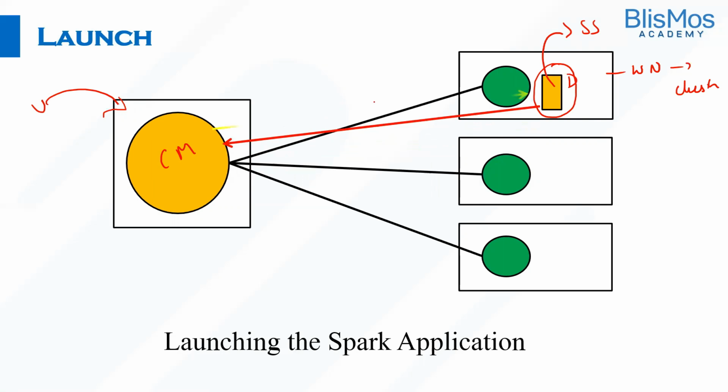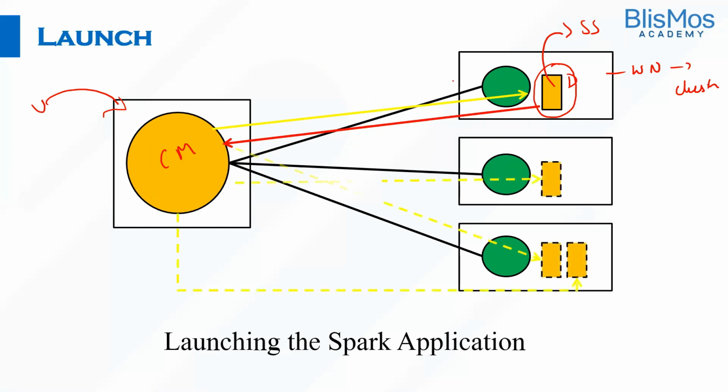Then the cluster manager responds and allocates the executor processes for the driver process. At this point, we have a driver process, we have an executor process, we have a fully functional Spark cluster.